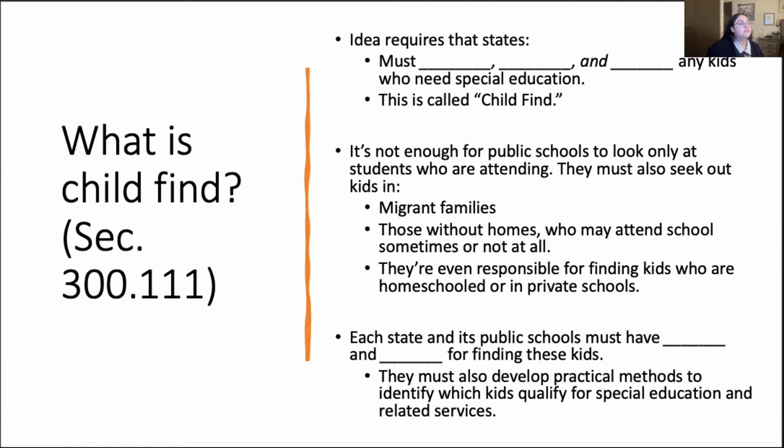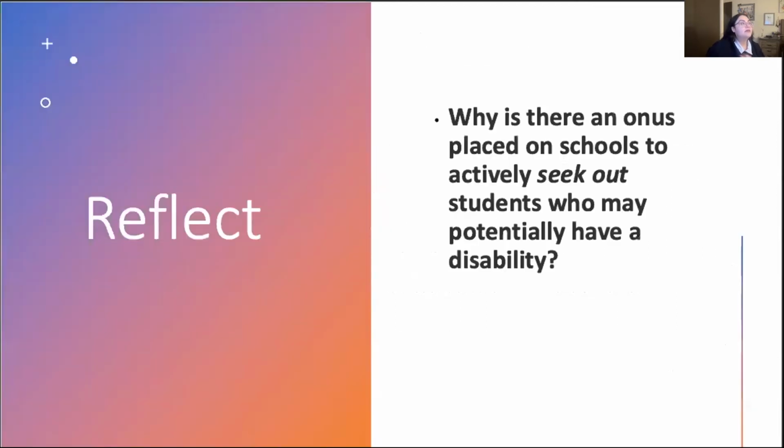And we'll talk about some ways to do it, but I would love for you all to reflect on why the onus of identifying and seeking out students is placed on schools. I don't have a specific answer for you all, but I think there are great ways to have this conversation. You can look at a big picture, you can look at a small picture.